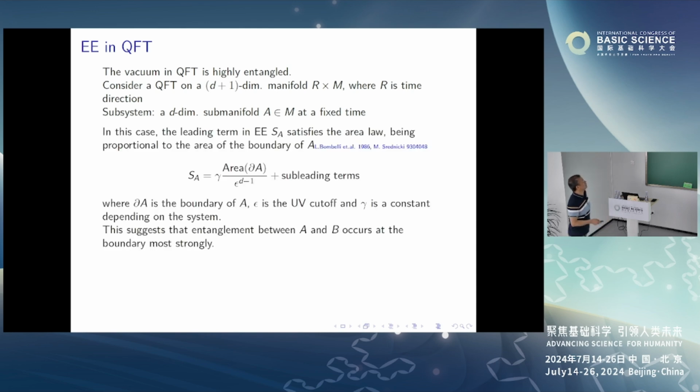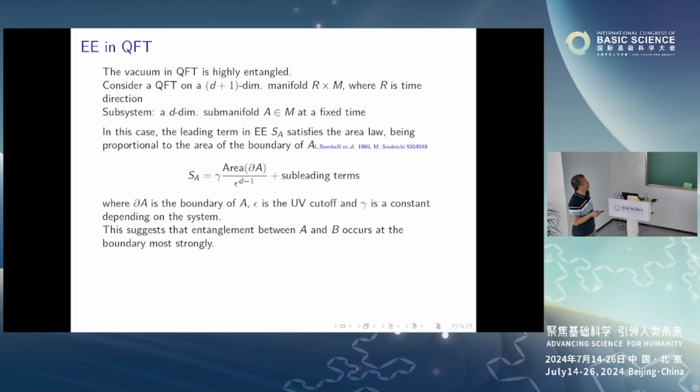Entanglement entropy in this setting was first studied in the middle of the 1980s. It is a very interesting topic, and one of the most important properties of entanglement in quantum field theory is that it satisfies some kind of area law.